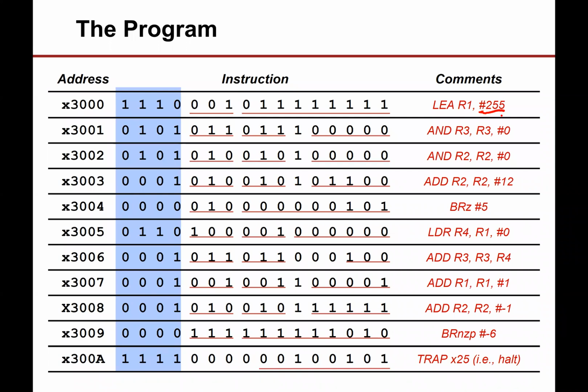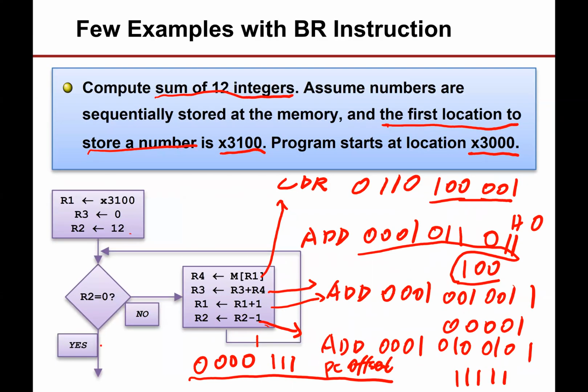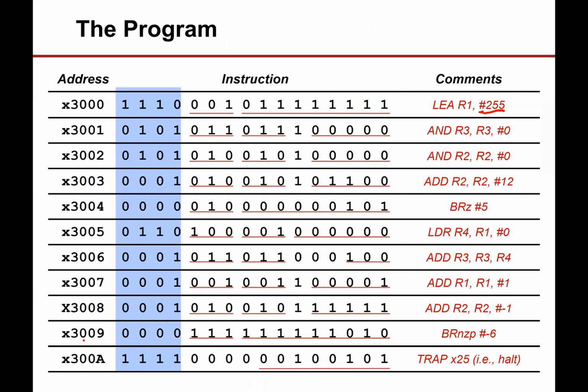That decimal number is 5. And for this line, if this condition is satisfied, then you go to the stop. So that is go to this line.